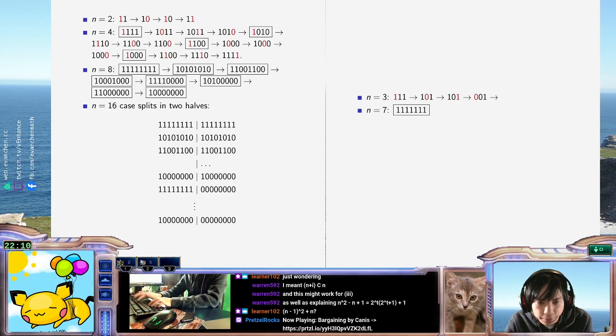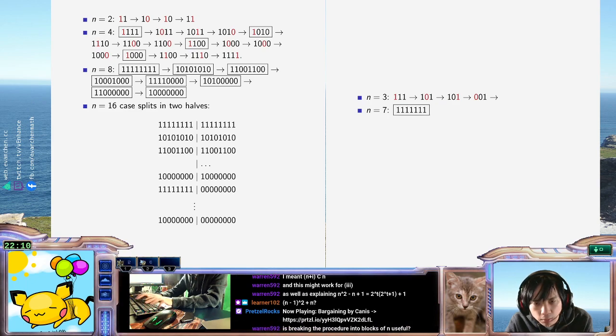No, the partial sum starts with 0 this time, and then it's 0, 1, 0. No, it doesn't. No, it does. 1, 0, 1, 0, 1.